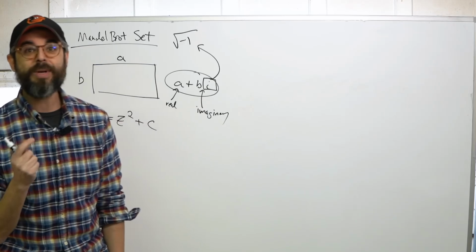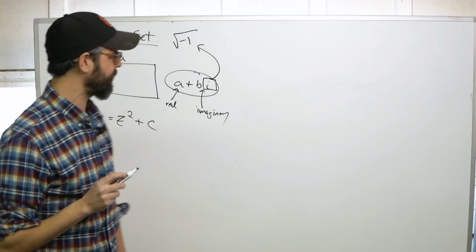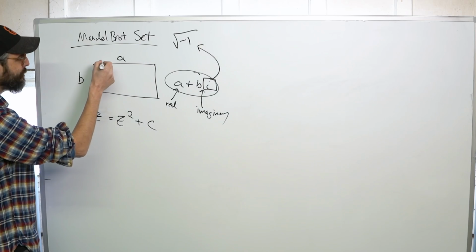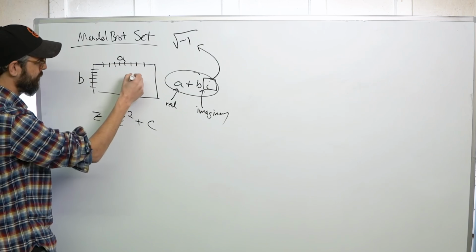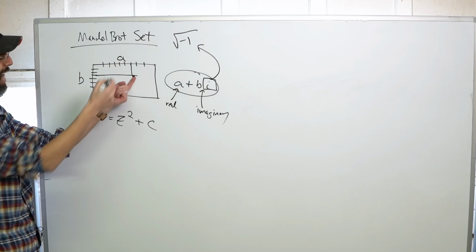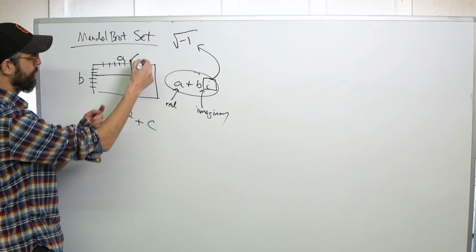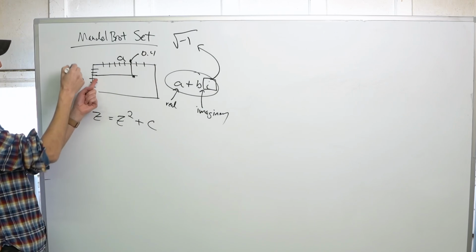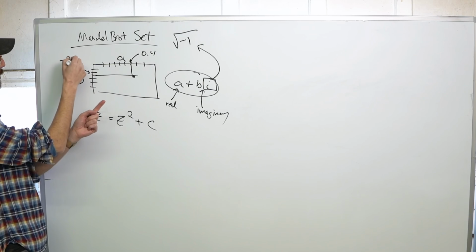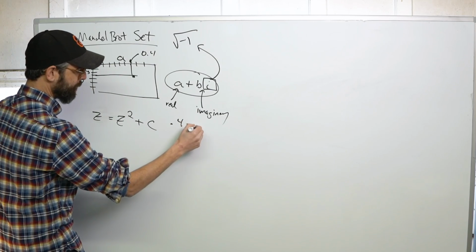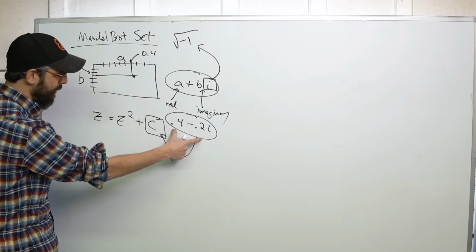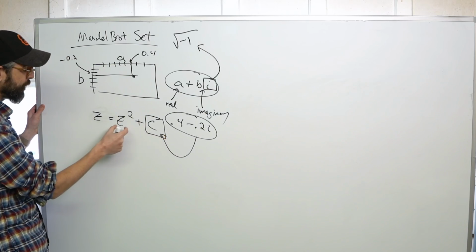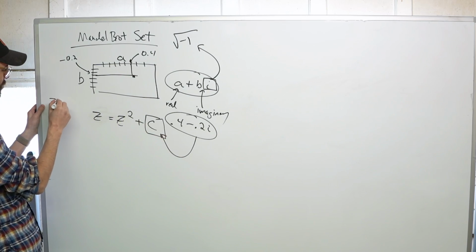So to calculate and visualize the MandelBrot set, the idea is to look at every single complex number on this plane. So if I pick this number, I might have a certain value for a, maybe it's 0.4, and a certain value for b, maybe it's -0.2. 0.4 minus 0.2i. And the idea here is to take this number, plug it into c, start with z equal to 0.